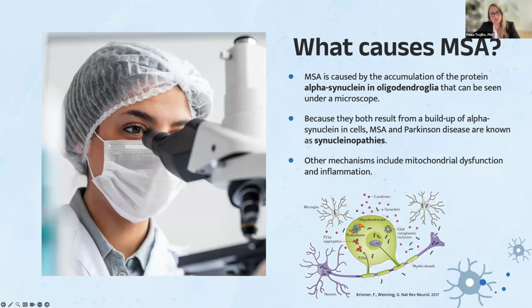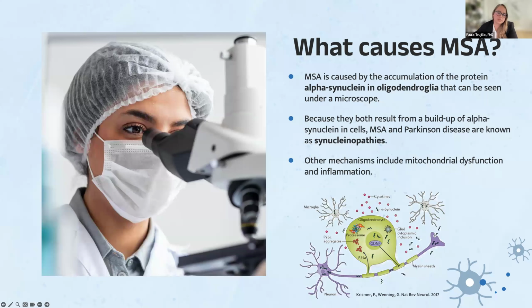So under a microscope, the damaged brain tissue of people with MSA show nerve cells that contain an unusual amount of a protein called alpha-synuclein. So in MSA, there is accumulation of this protein. And because both Parkinson's disease and MSA result from an aggregation of these alpha-synuclein proteins in cells, they are known as synucleinopathies.